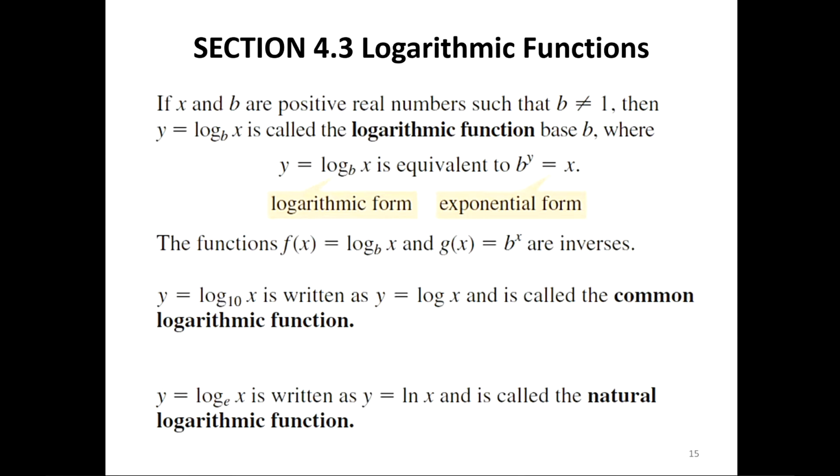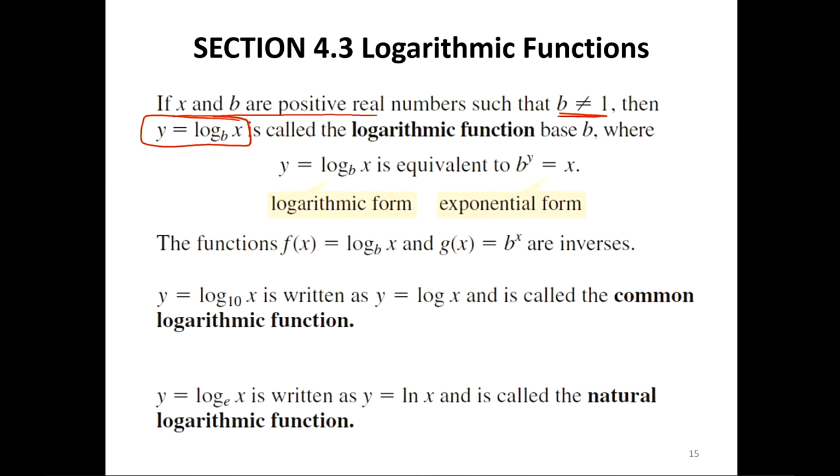If we have x and b positive real numbers, such that b is not equal to 1, then look at this: y equals the logarithmic function, logarithm of x to base b. x must be positive, b must be positive; b is called the base, x the argument, and y is the value of the logarithm.